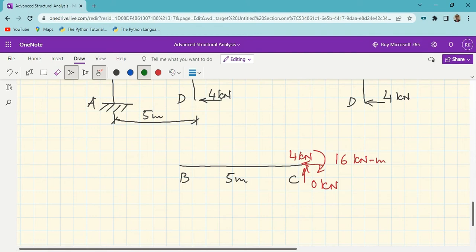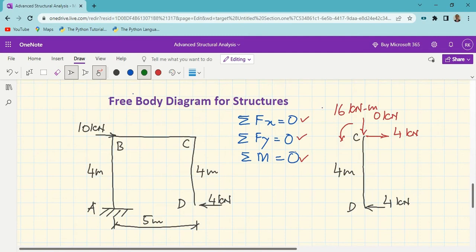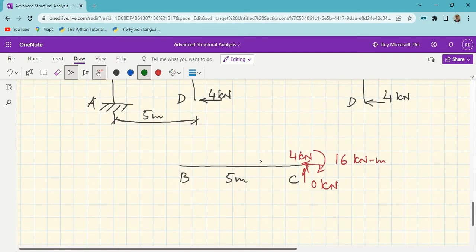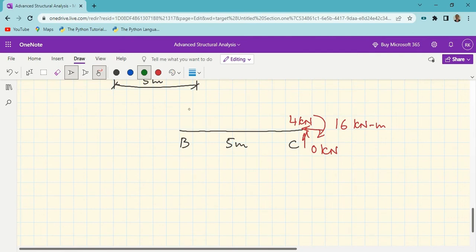What are the rules for adjustments? We must ensure that summation of forces in x direction is equal to 0, summation of forces in y direction is equal to 0, and summation of moment is equal to 0. So for summation of forces in x direction, this is 4 kilonewton acting towards left, so there must be a force of 4 kilonewton acting towards right for member BC.